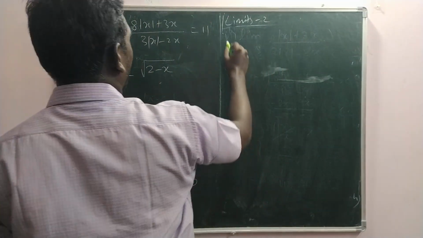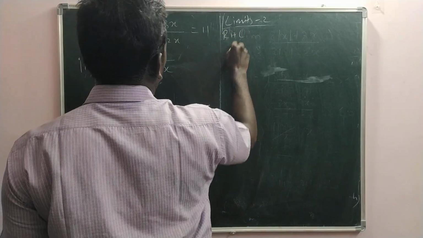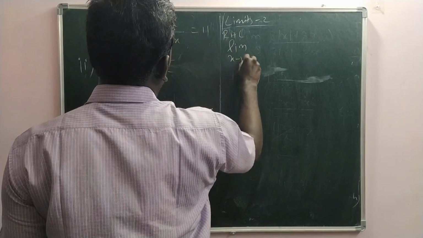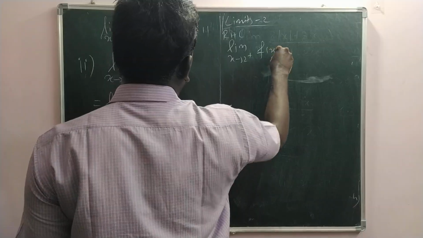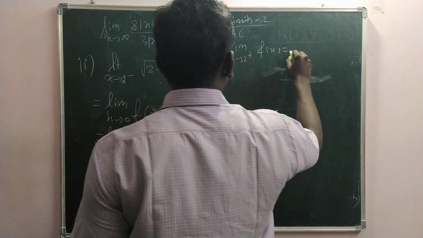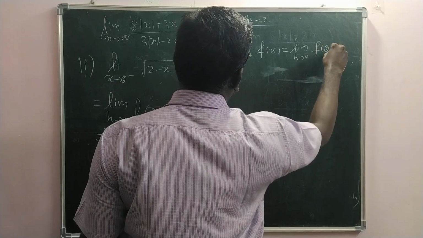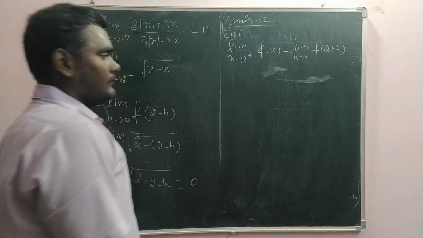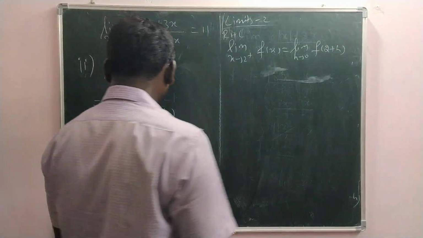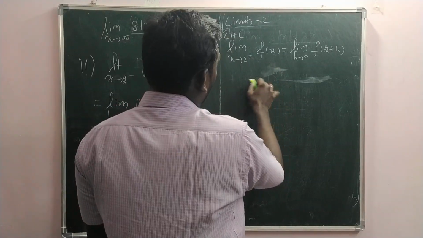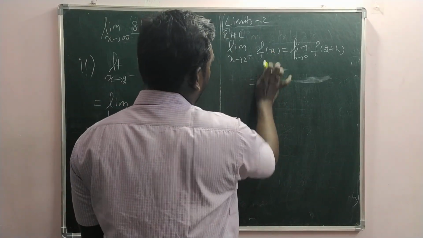Yes. Right limit is what? Limit x tends to 2 plus f of x is limit h tends to 0, f of 2 plus h. Then what is it? This is square root of, not square root.